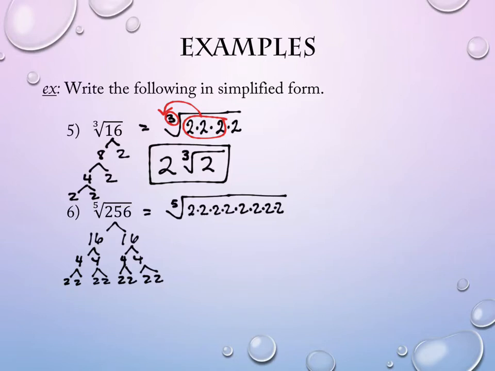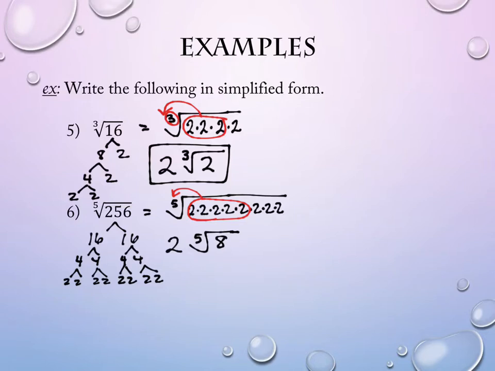Why, Anya? Yeah, this right here is a 5th root, so it tells me I need 5 that match. So I have these 5 2s, and they will come out again one time. So there's 1 2 on the outside, and underneath I'm left with 2 times 2 times 2. What is that? It's 8.